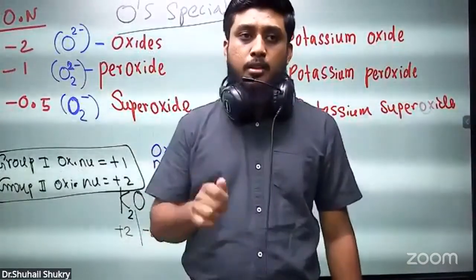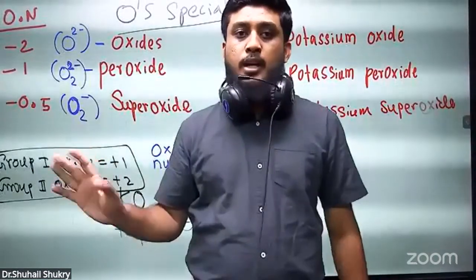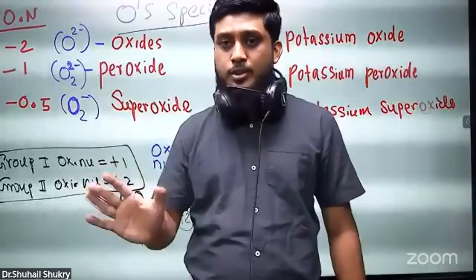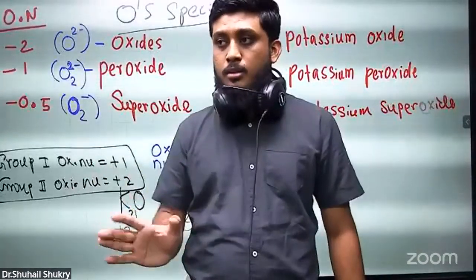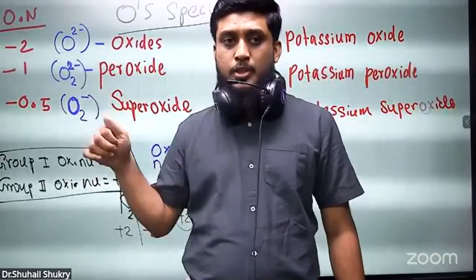You will never find an oxide or superoxide with any other groups. Therefore, in any other group, oxygen is always -2, except with fluorine.